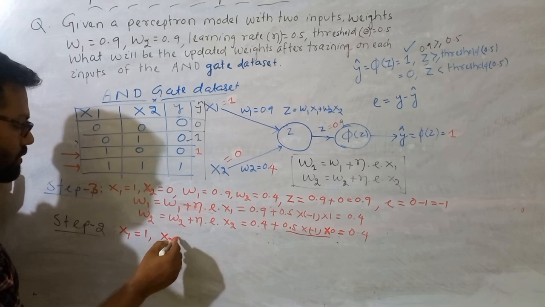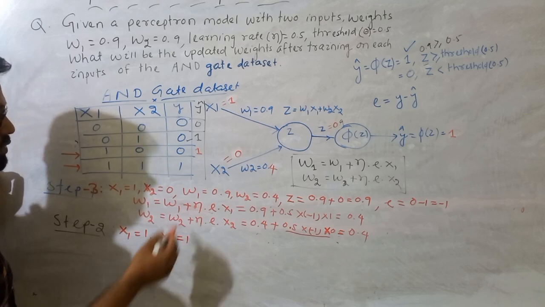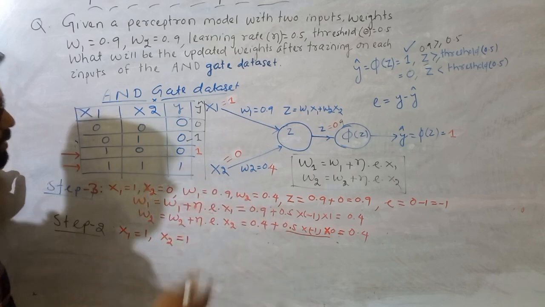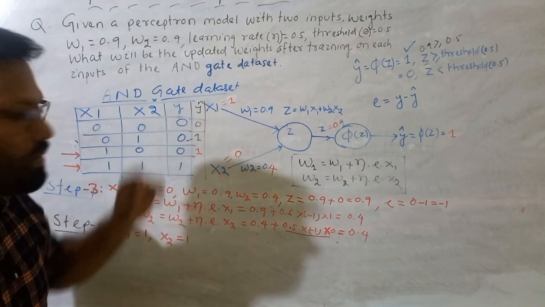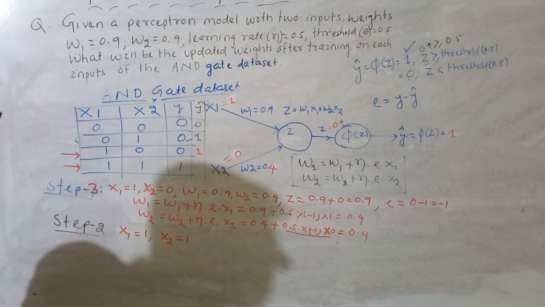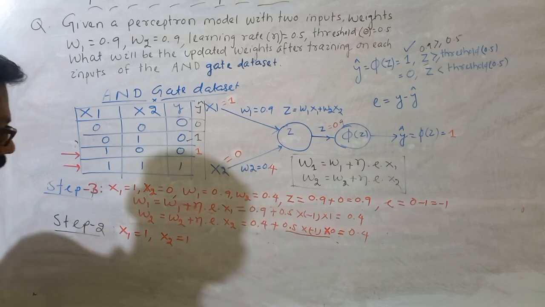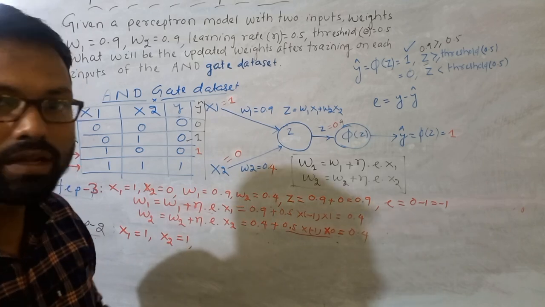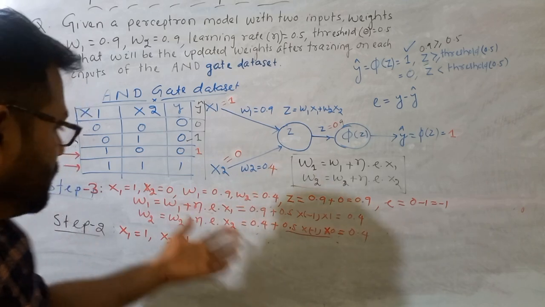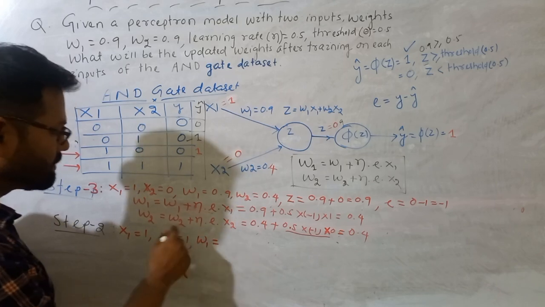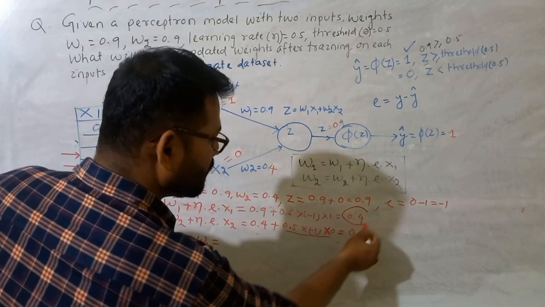The true output is 1, and now we are going to predict the output according to the perceptron model. How can we do this? Let's start. Before that, you have to write down the weights from the previous step. So W1 from the previous step is what I got here, 0.4.